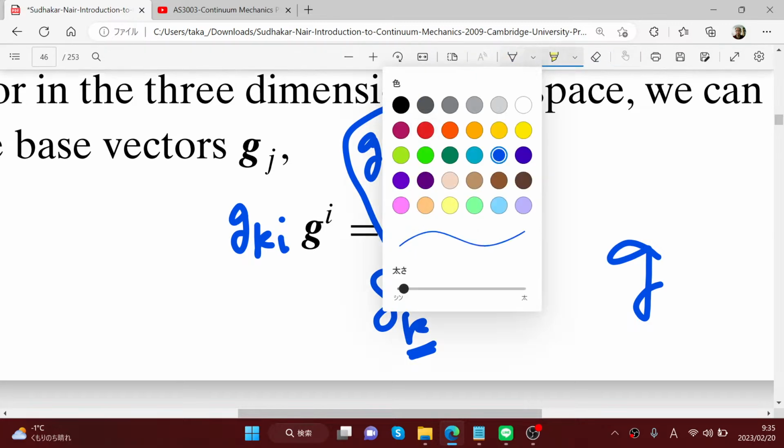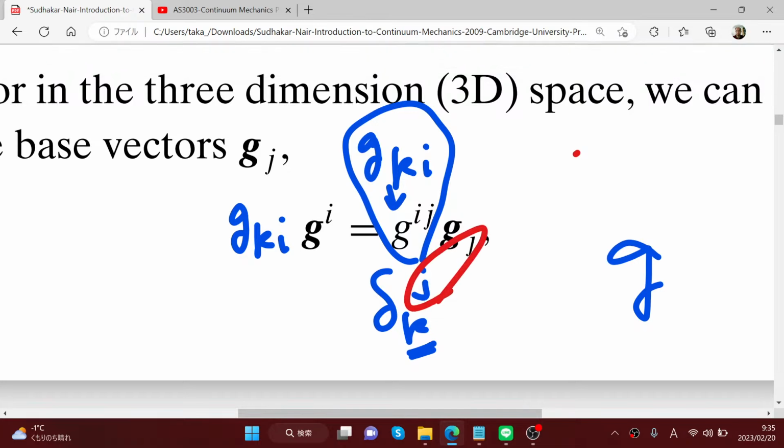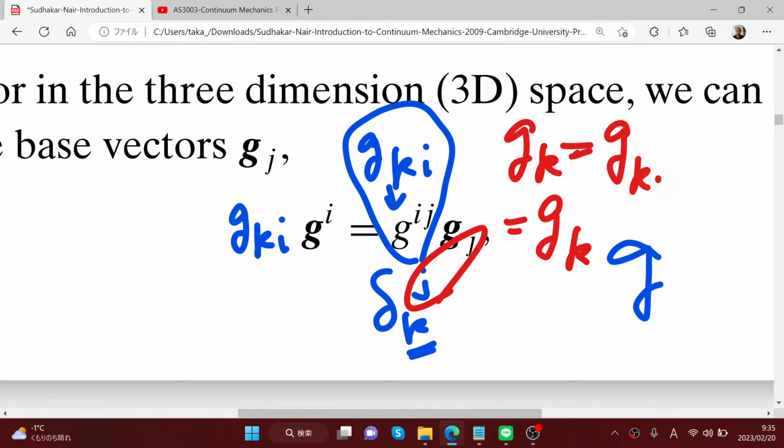So j goes to 1, 2, 3. So eventually it will hit Gk, right? So this is it. So you obtain Gk equal Gki Gi.